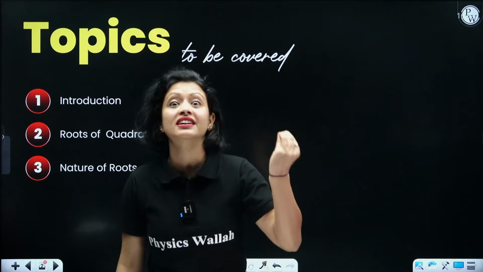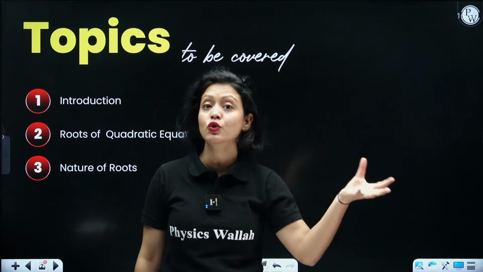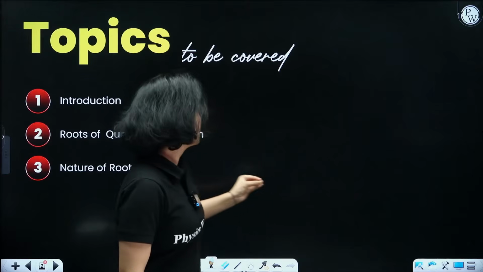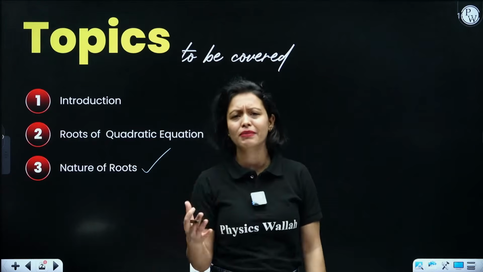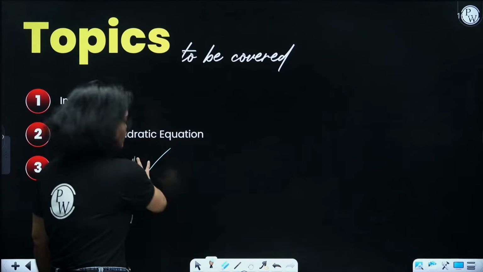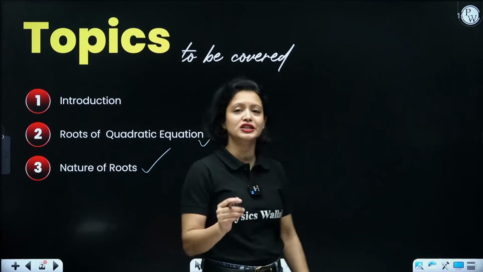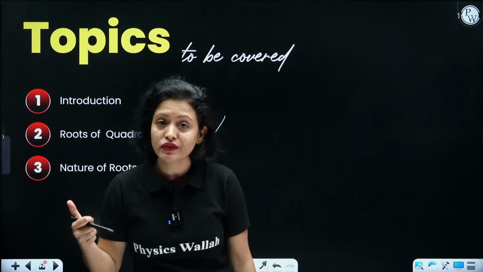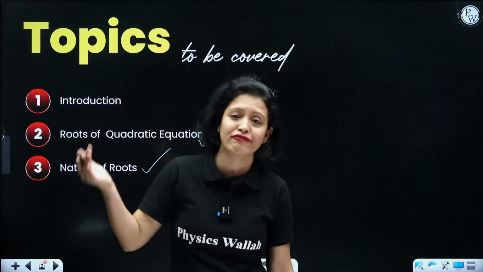You might even get a case study question, because in 2024 case study questions did come from this chapter. And obviously from the topic nature of roots, you will for sure get either a 1-marker question or even a 2 or 3-marker question. So nature of roots, very important topic. Other than that, roots of equation is an important topic because here you will be learning how to find the roots of the quadratic equation and the different methods for it.